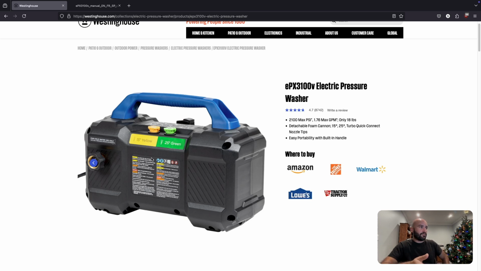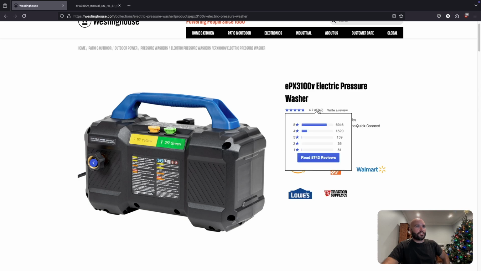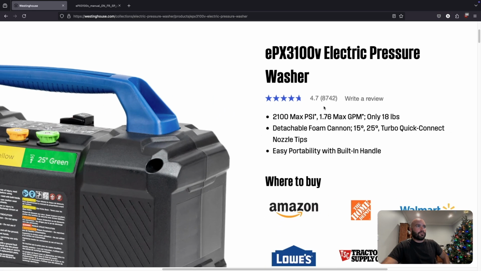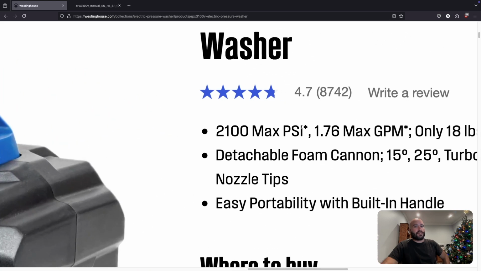I had a couple of them when I first started detailing, but they say 2100 psi max, 1.76 max GPM, but of course there's an asterisk in there, right? When we see an asterisk like that, it means something.